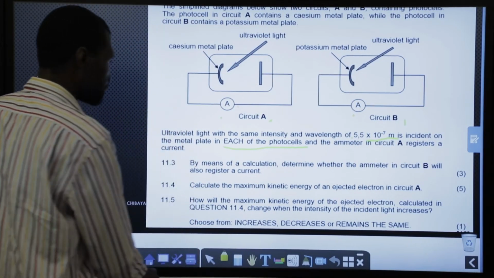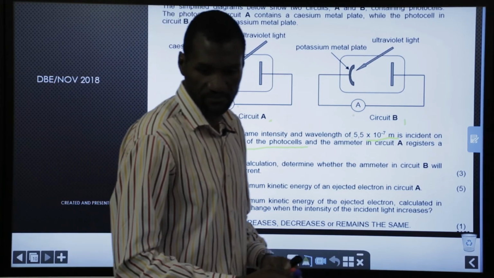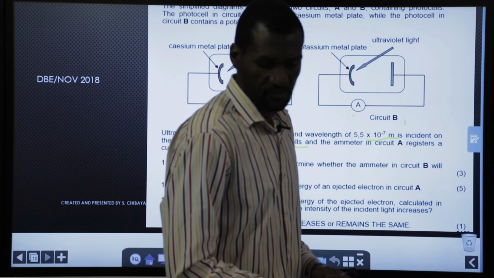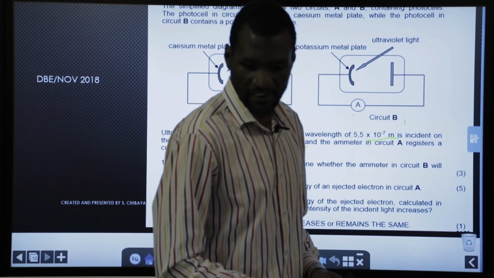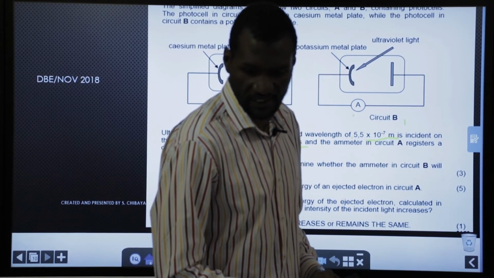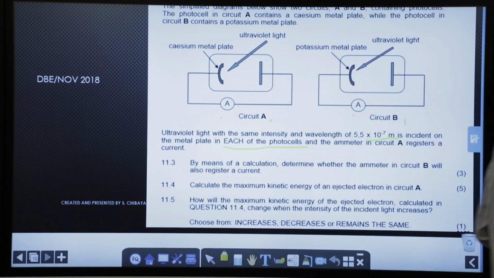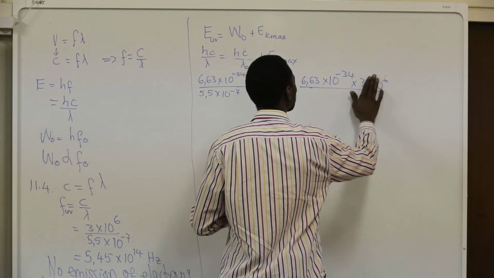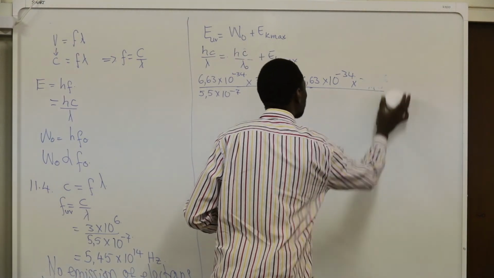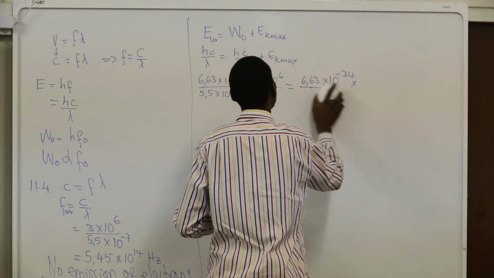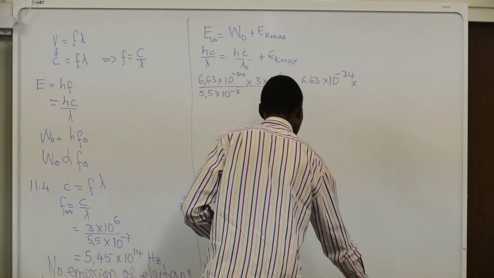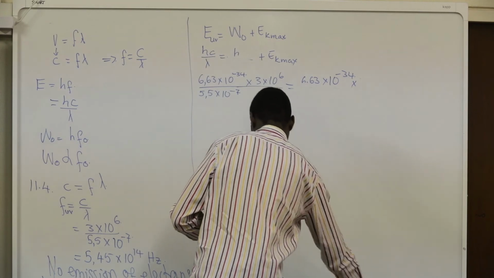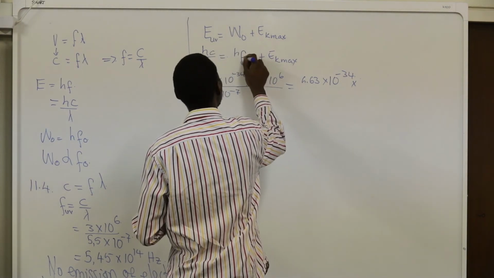Where is our lambda 0? Lambda 0 is substituted by 5,07 times 10 to the power of 14, which is the work function. So we remove that. The work function represents our lambda 0. So in other words, here we can substitute that with f0.